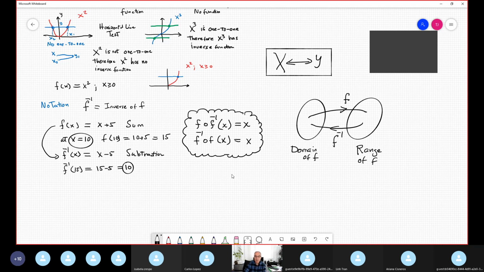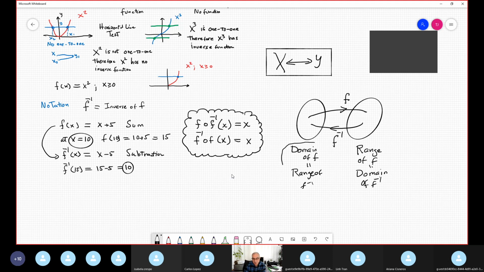The inverse. Now it's obvious that this is the domain of the inverse, and this is the range of the inverse. So that is equal because it's the same set.